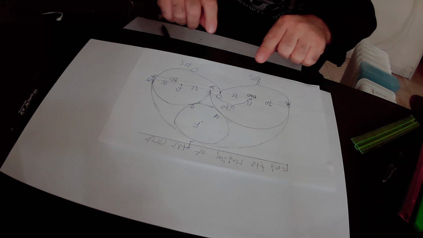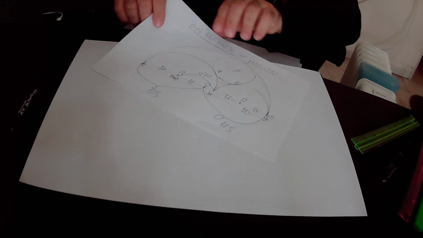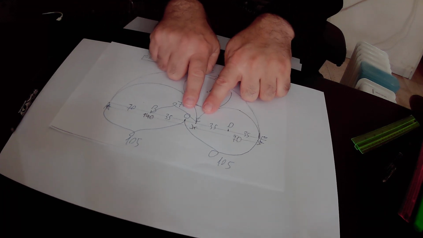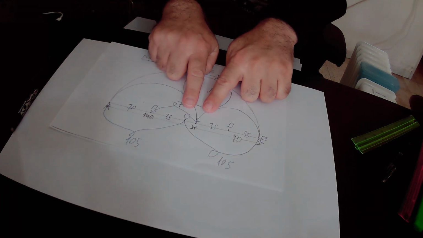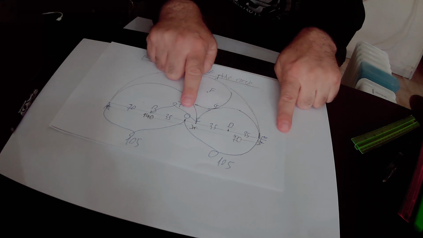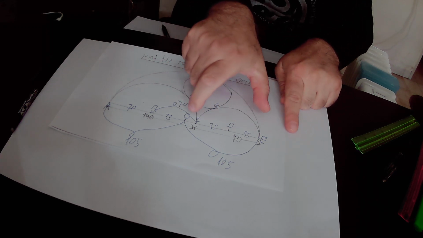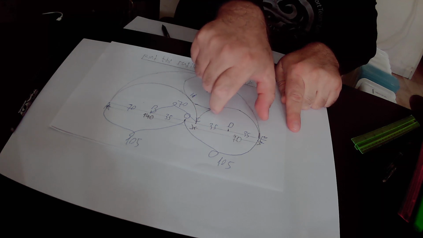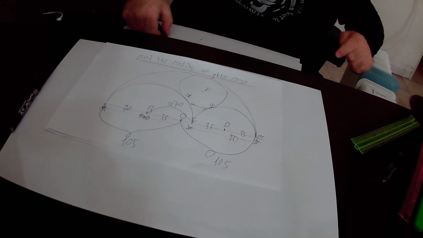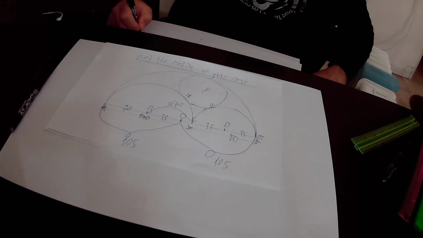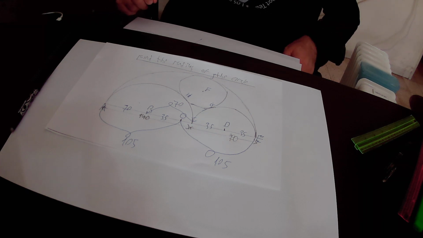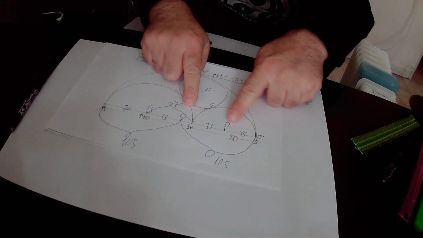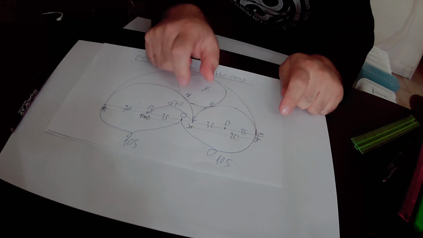From the drawing, it is very easy to see that the length of this line segment OC equals OE minus CE. Again, OE minus CE equals OC.